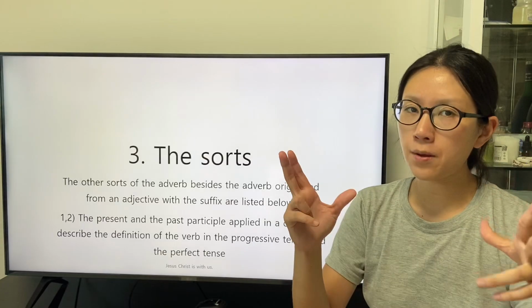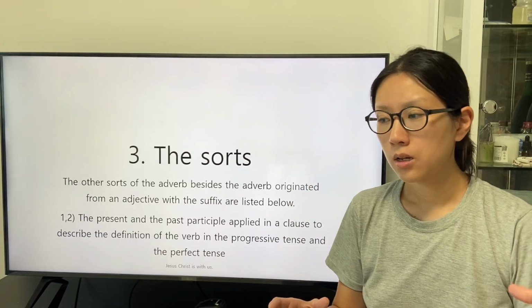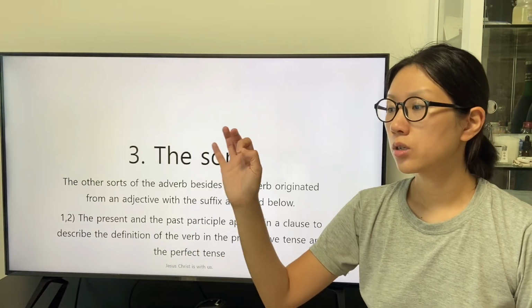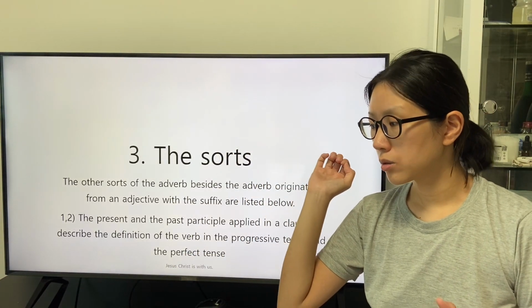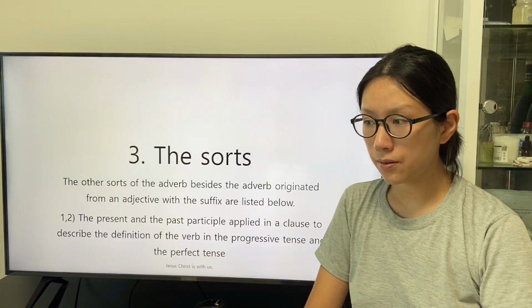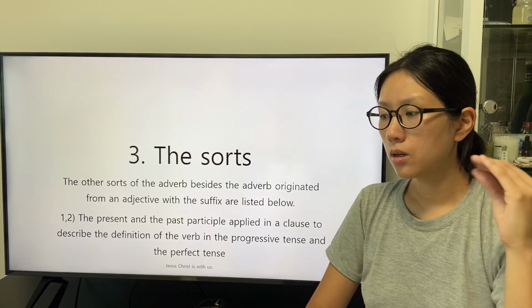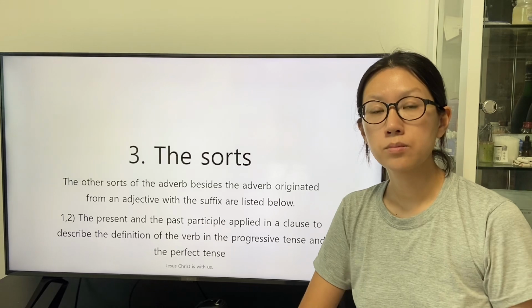The form of the present participle can be applied as an indication whose term is a gerund.